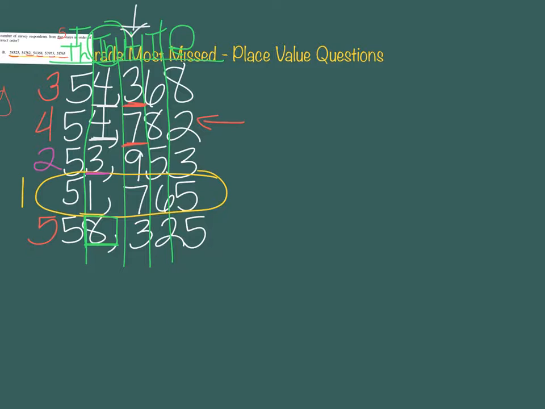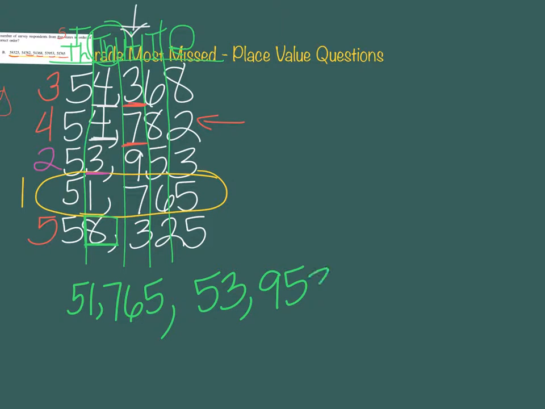That's right, the 51,000. Actually, I'm only going to put it down here. 51,765. Good. What comes next? Good. The 53,953. What comes next?